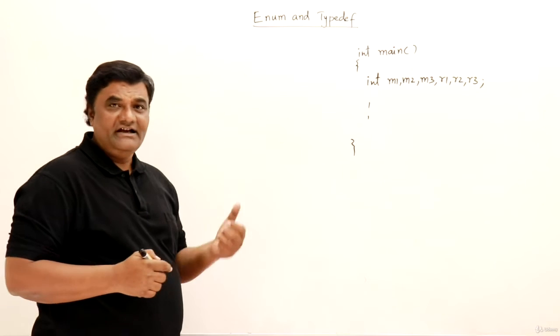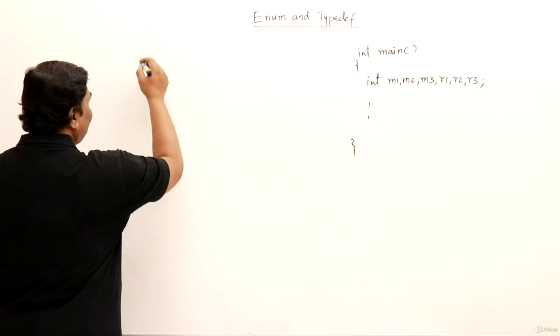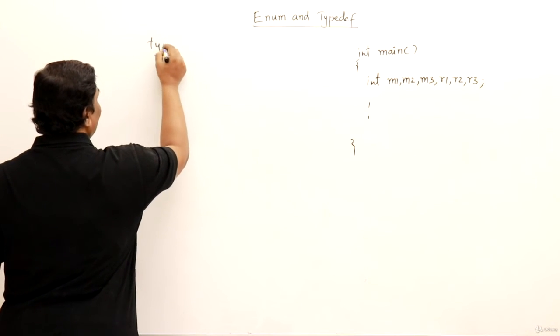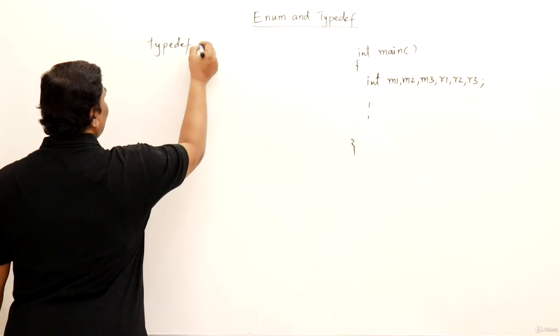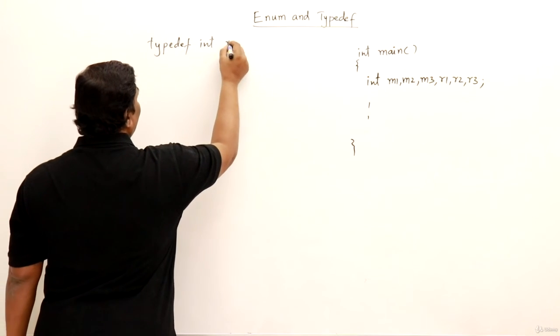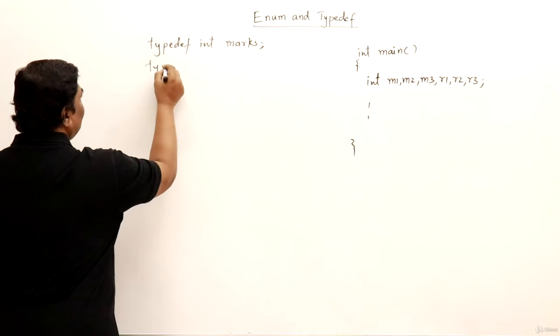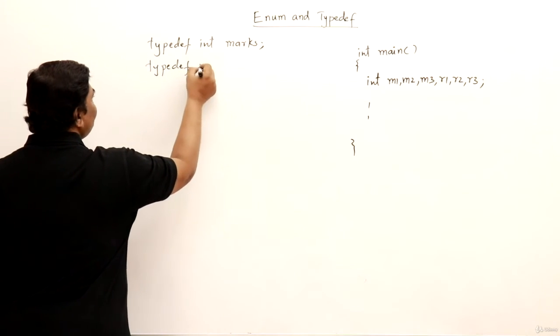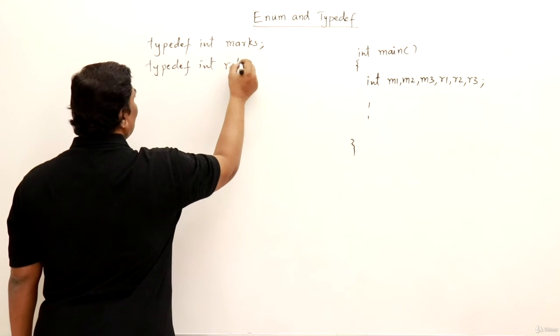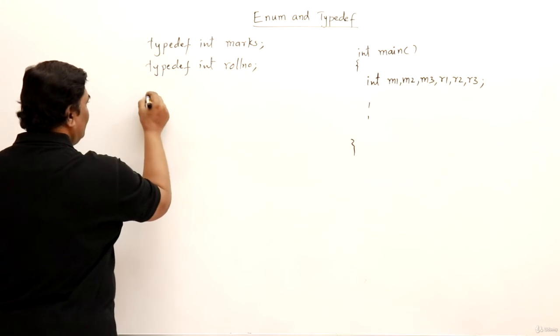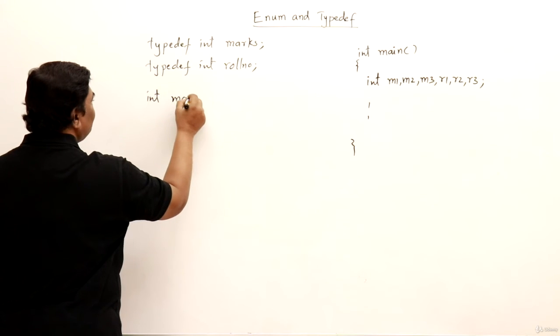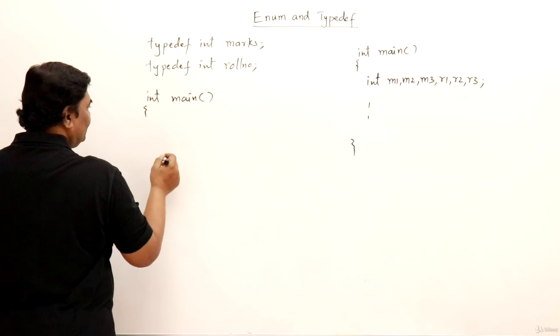Both are of integer type. So here I will define typedefs: typedef int marks, and one more typedef, int rollnumber.